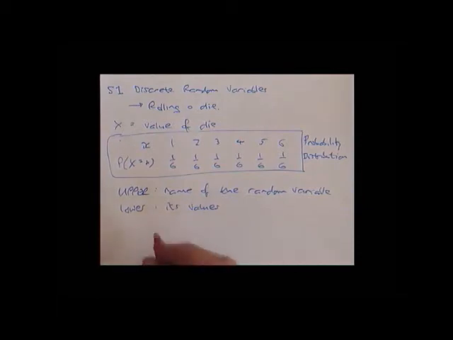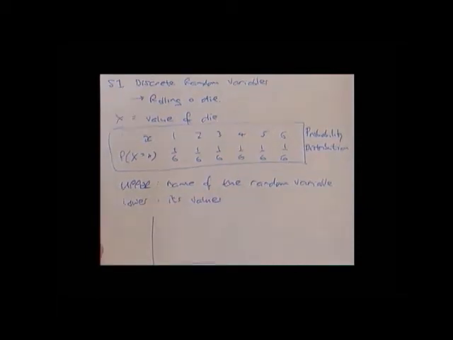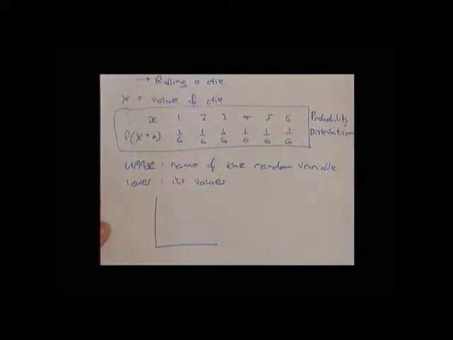If I was going to graph that, what do you think sensible labels on the axes might be? X and probability, big X is little x. Yeah. Okay. And what sort of graph would I get?